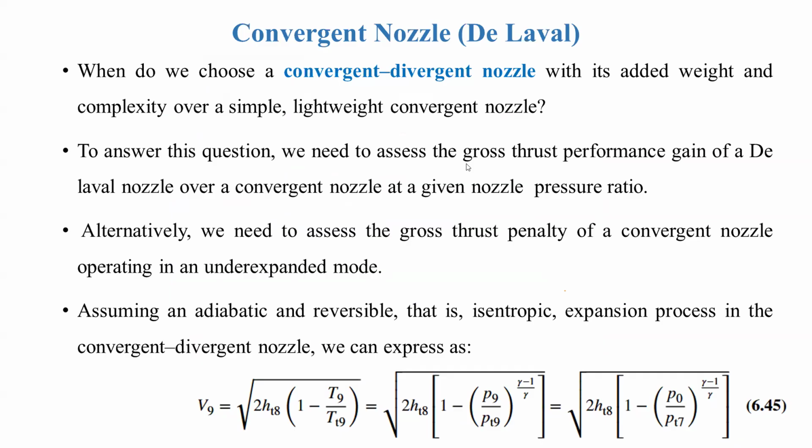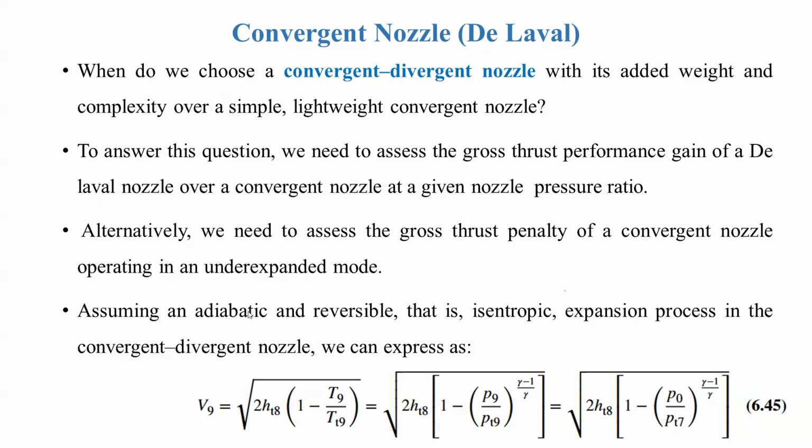It is heavier than other nozzle types, and there is also geometric complexity. So when we choose this, we must have a reason. To answer this, we have to check some parameters, and based on that the selection criteria will be clear for us.